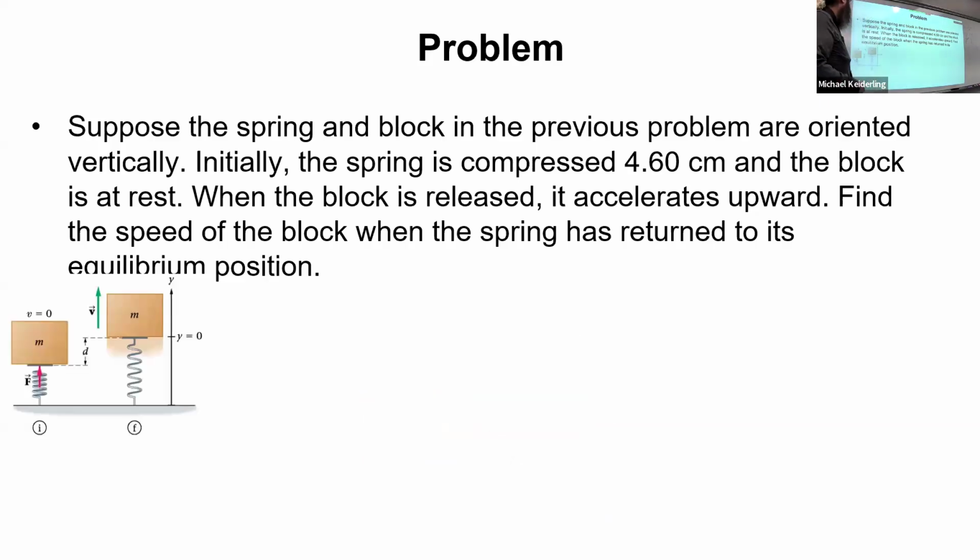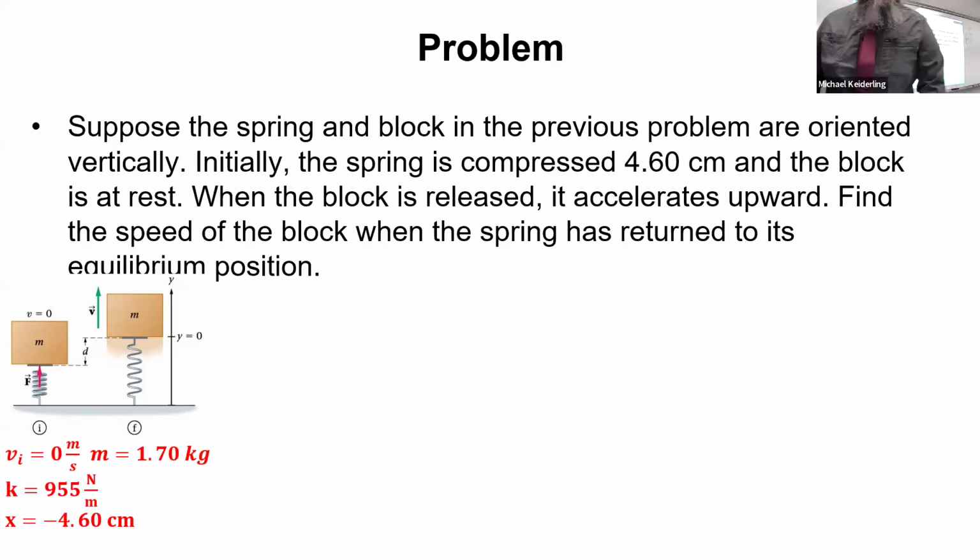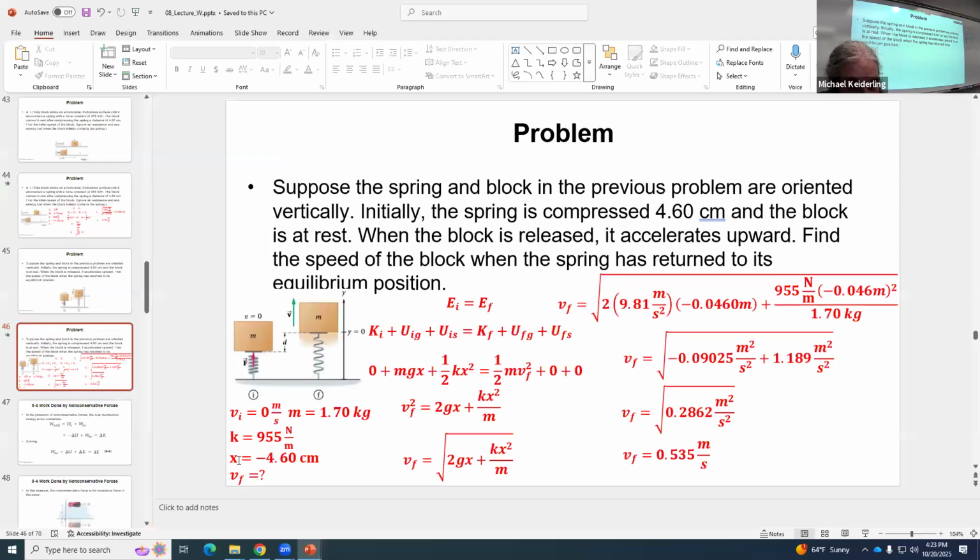So I'll just give you the initial conditions. Our initial velocity is 0 meters per second. Our mass is 1.7 kilograms. K is 955 newtons per meter. And x is negative 4.6 centimeters, or y in this case. Actually, let me quickly freeze that and fix it real quick.